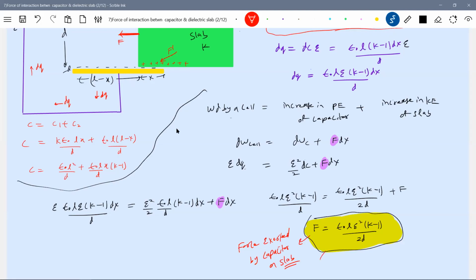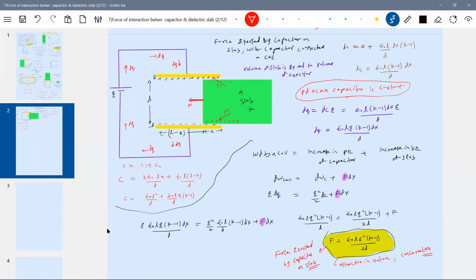Is it attractive? Yes, attractive in nature. Is it conservative? Yes, conservative. Is it constant? Look at all the values. Yes, it's constant. I think the primary thing is that the whole topic revolves around writing this equation, and the energy aspect is very important.